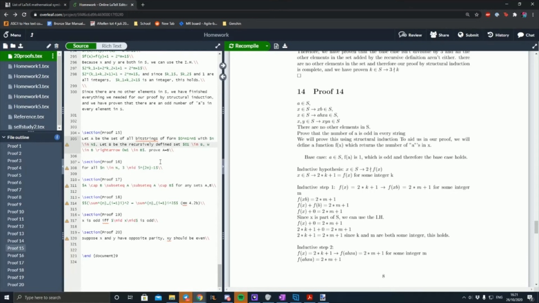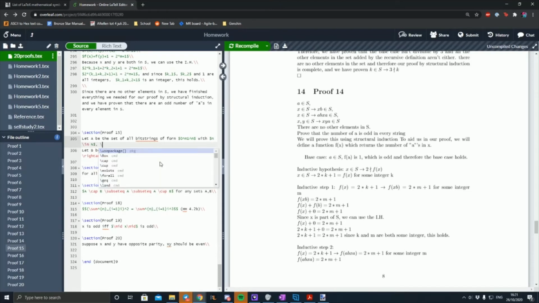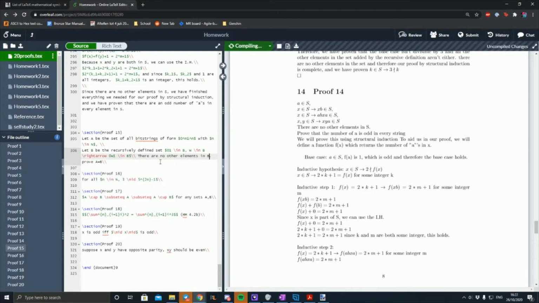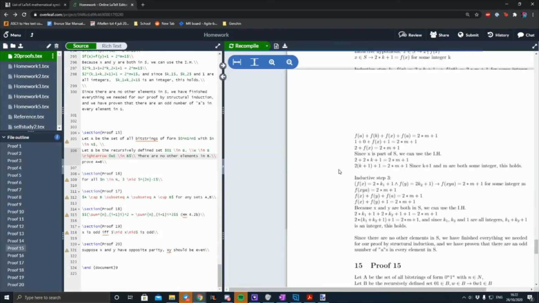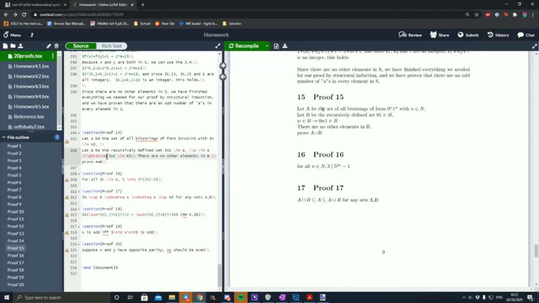Let B be the recursively defined set: 0, 1 in B. If W is in B, then 0 W 1 is in B, and there are no other elements in B. Prove that A is equal to B.